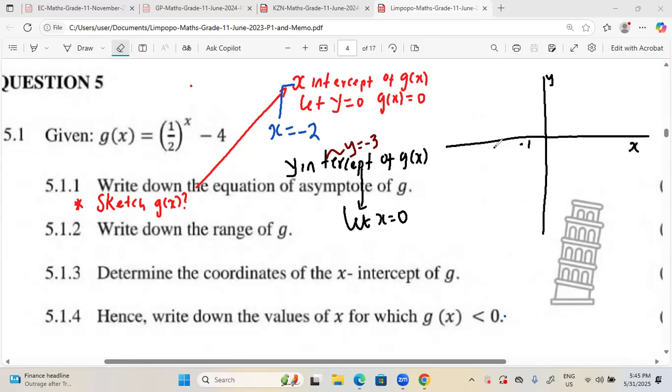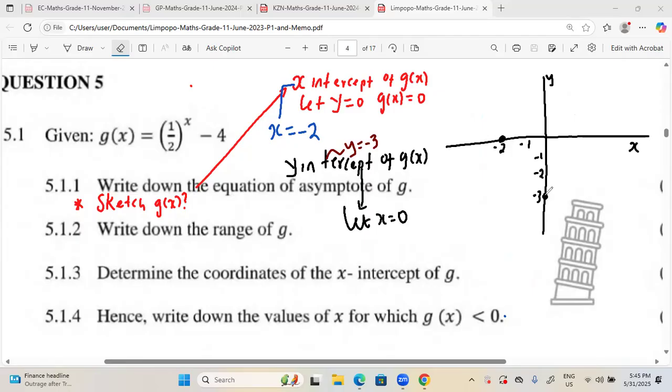So I will put a point where x is -2. Don't forget that your x-intercept is -2. The y-intercept is -3: -1, -2, -3. You also put a point on -3.